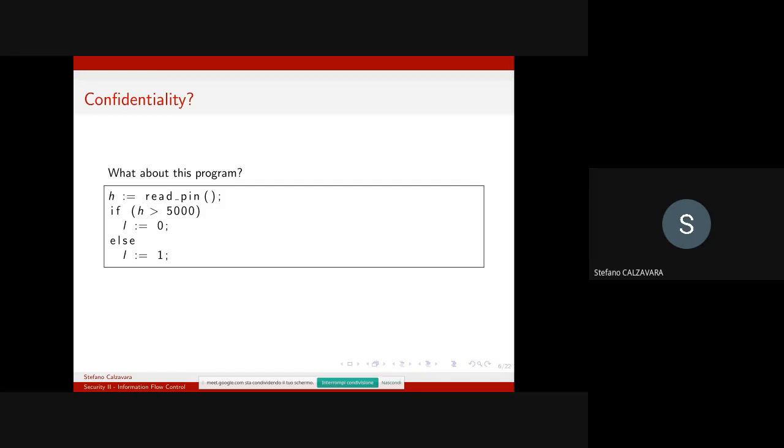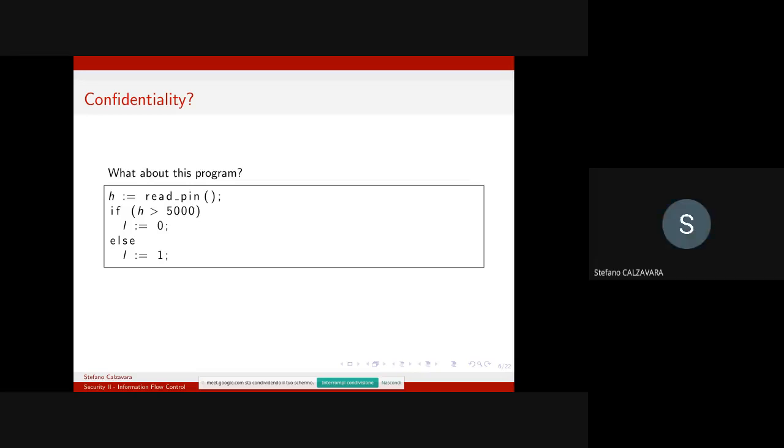And so my question is binary: this program can be either secure or not secure. If you had to choose, would you consider this program secure or not? Not for me.